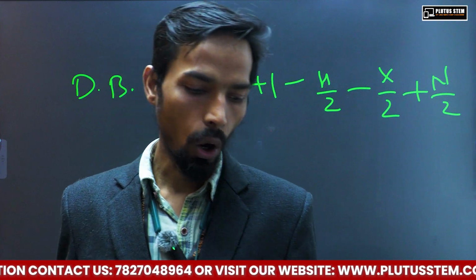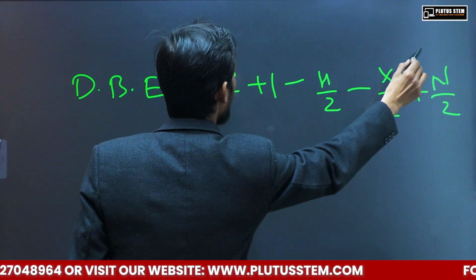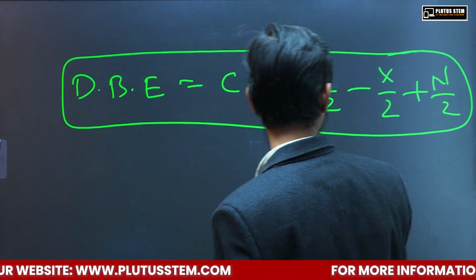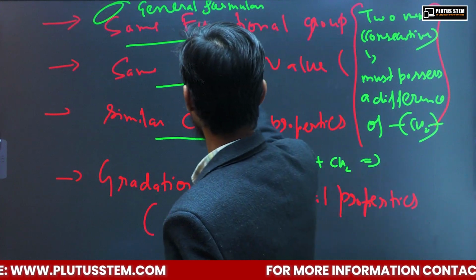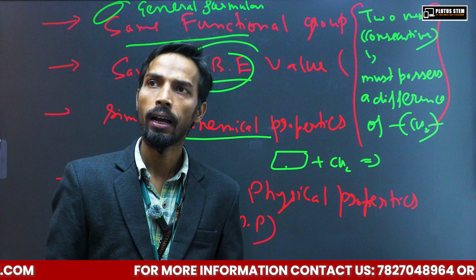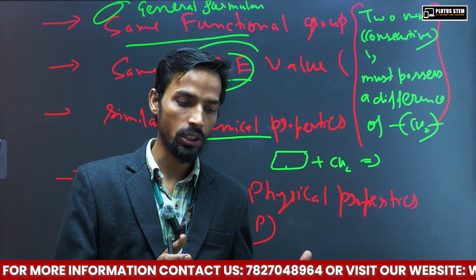This is how we can find the DBE value of any organic compound. It is quite important to tell you what DBE is if you are not familiar, and we are going to discuss this in the next upcoming lecture.